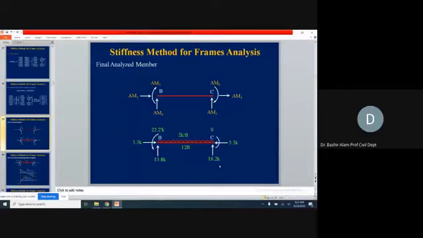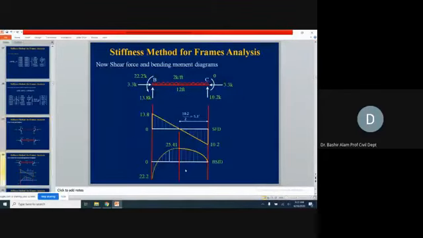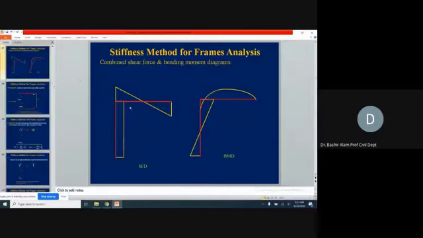So all the support reactions and member end actions are noted. Now we are in a position to draw the shear force and bending moment diagram for this one. So this is the routine matter now, drawing the shear force and bending moment diagram. After this, now you can go and you can combine for both members the shear force and bending moment diagram.